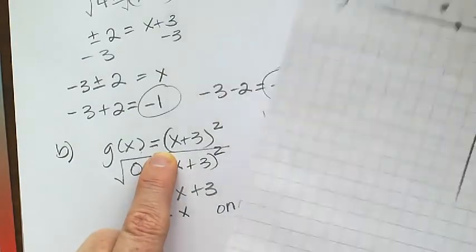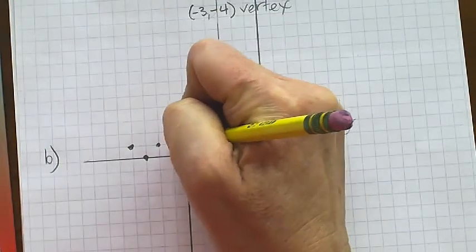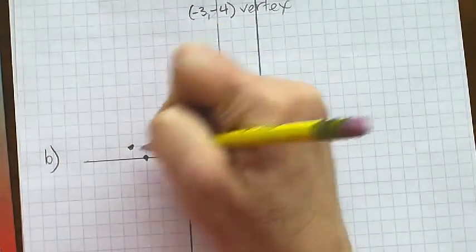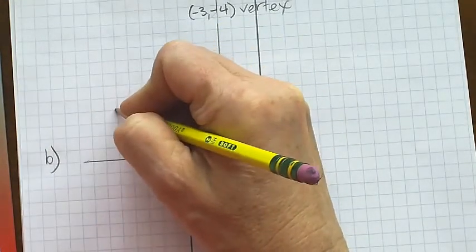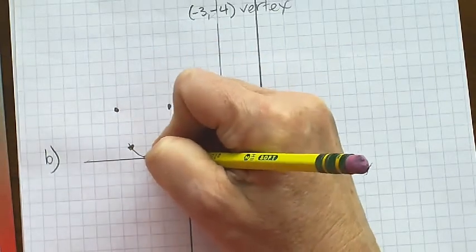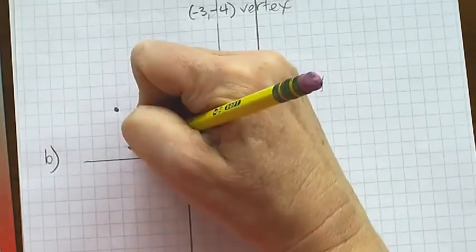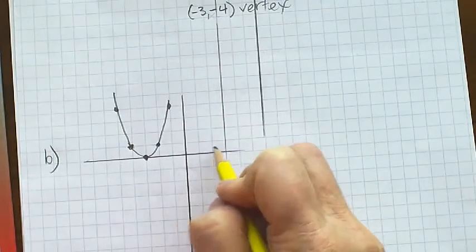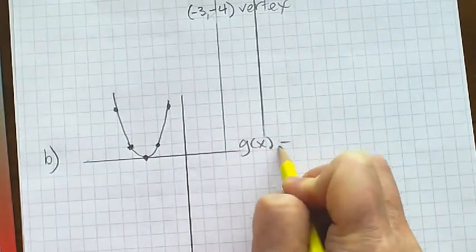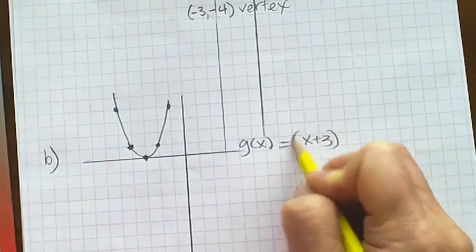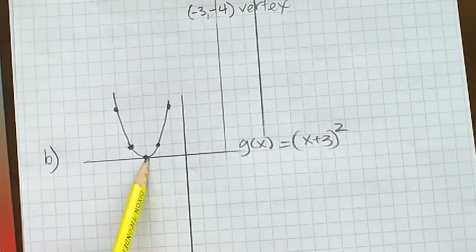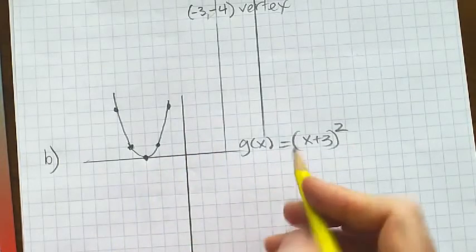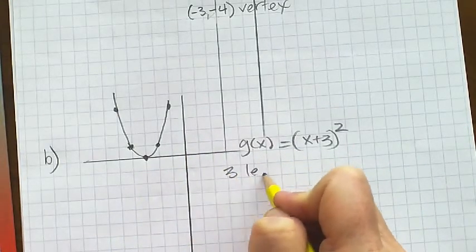It's not being stretched or shrunk vertically. So basically it's the graph of y equals x squared. This is g of x equals x plus 3 squared. This is the graph of y equals x squared shifted 3 to the left.